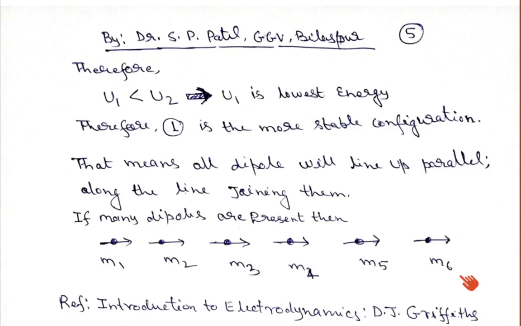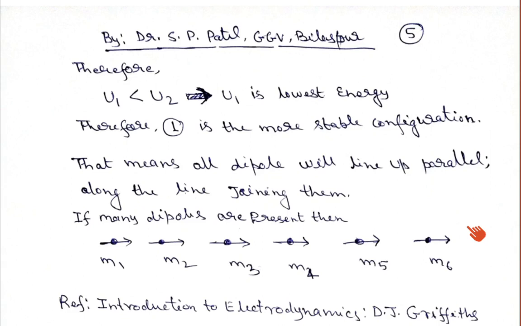Because of this property, when we apply a magnetic field to a paramagnetic material, which, as we may have learned in 10+2 classes, has all dipoles randomly oriented in the absence of a field, the dipoles try to attain the lowest energy.